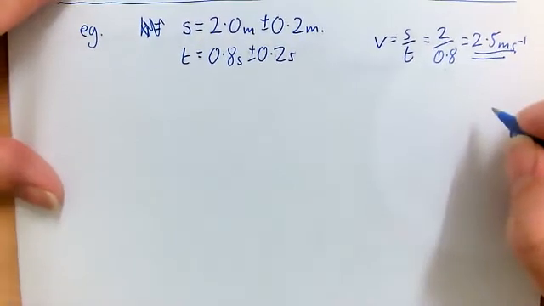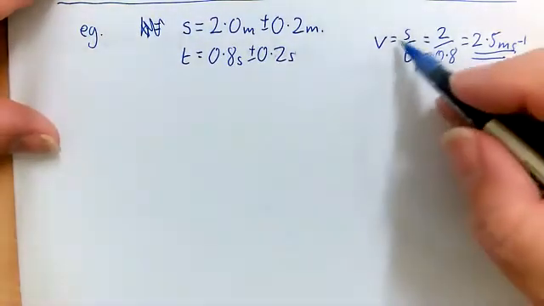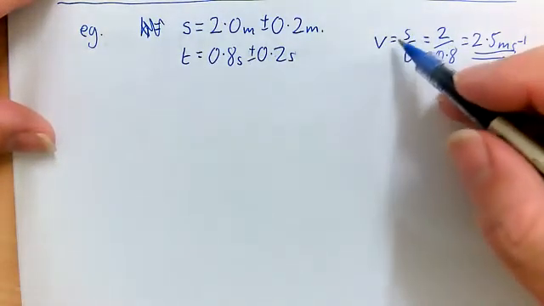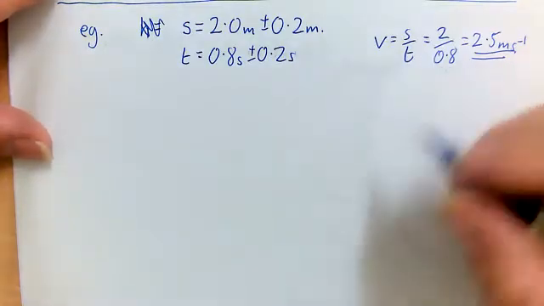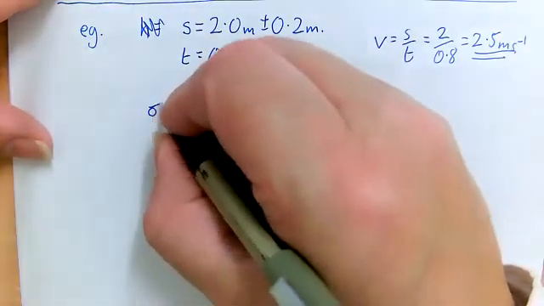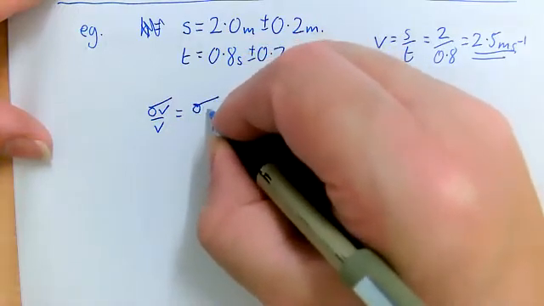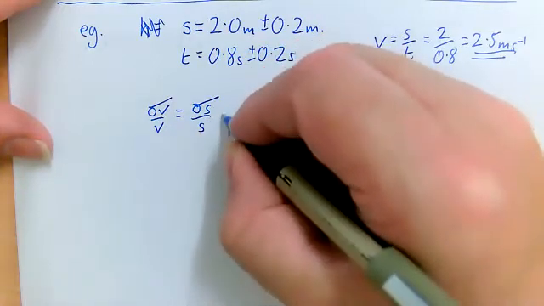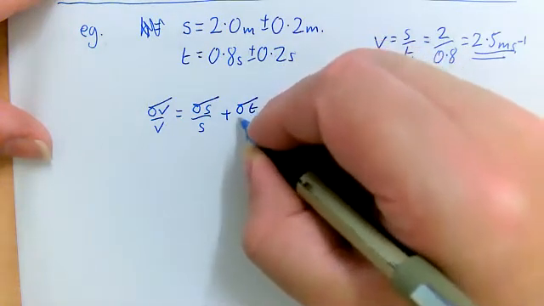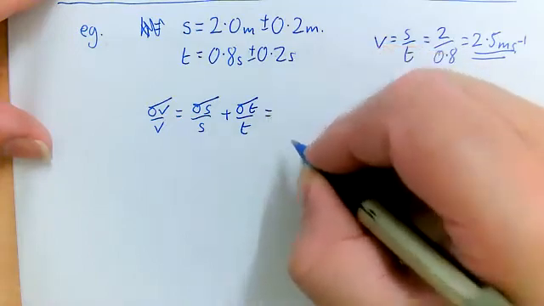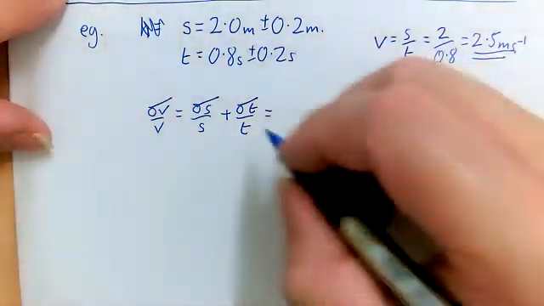If I wanted to work out the uncertainty, there are two ways of doing this. As I've got two values which are being multiplied or divided, I add together the percentage uncertainties. So the percentage uncertainty in the speed is the percentage uncertainty in the distance plus the percentage uncertainty in the time. The simplest way is to do this by stages.